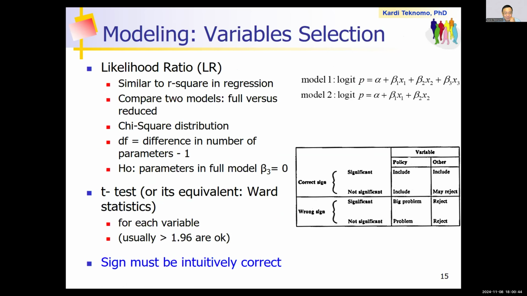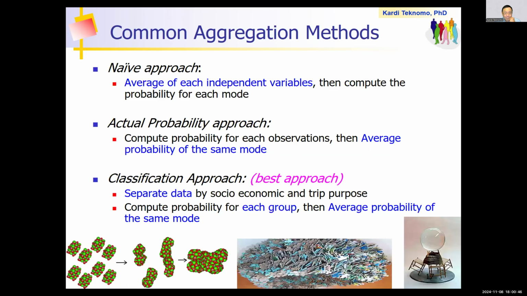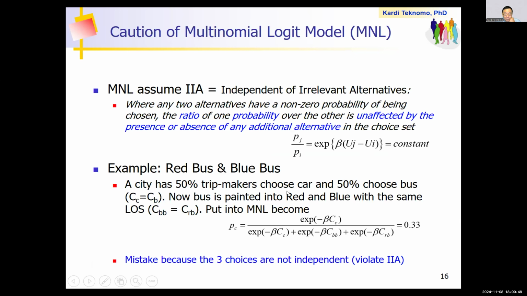So this is what happened. Now, this is the caution. If you want to build any model using categories like this, there is a very important assumption. This is called IIA, independence of irrelevant alternatives.